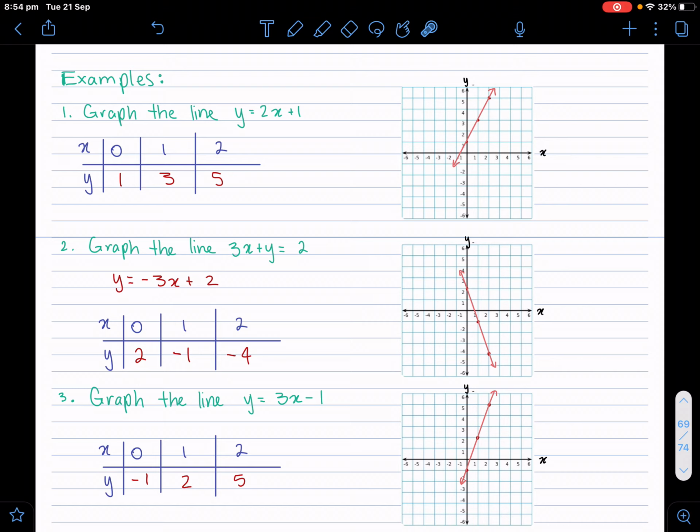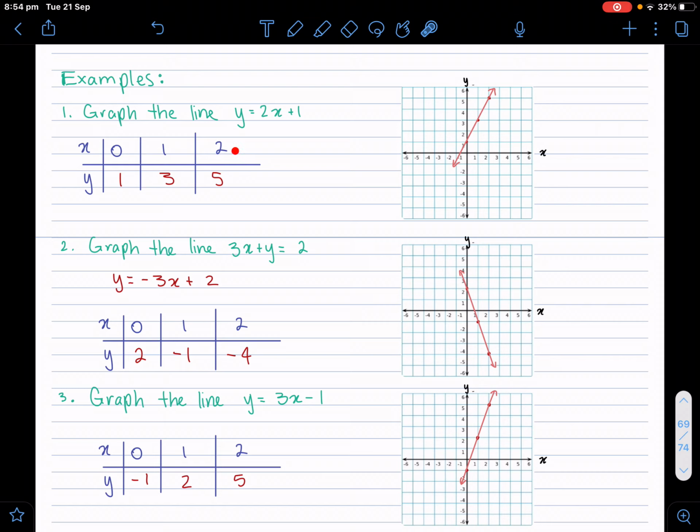For the first one, y is going to equal 2 times whatever x is plus 1. So 2 times 0 is 0 plus 1 is 1. For the next column, it's going to be 2 times whatever x is plus 1. So 2 times 1 is 2 plus 1 is 3. And for the last column, again, substitute the x value in. So 2 times 2 is 4 plus 1 is 5.